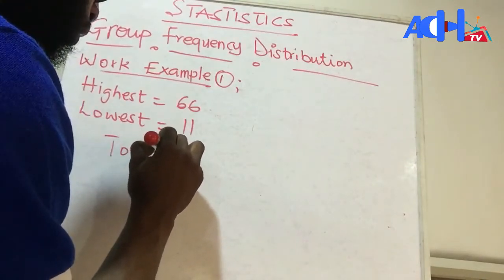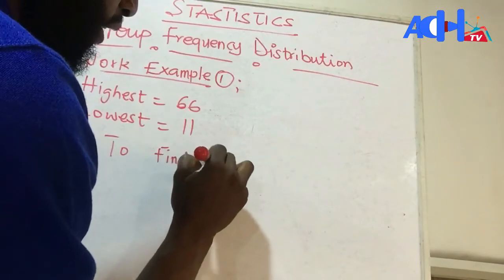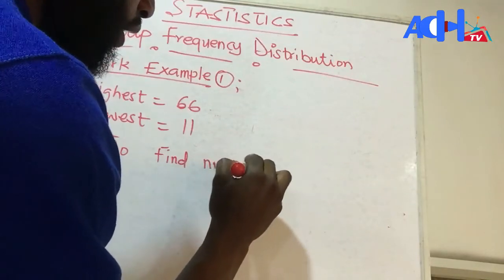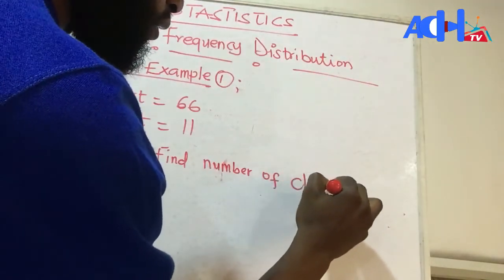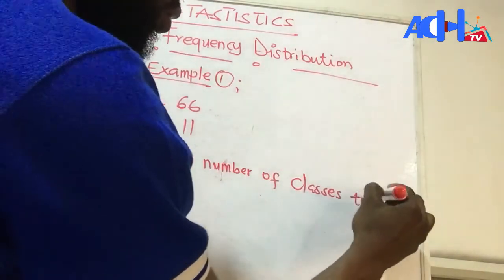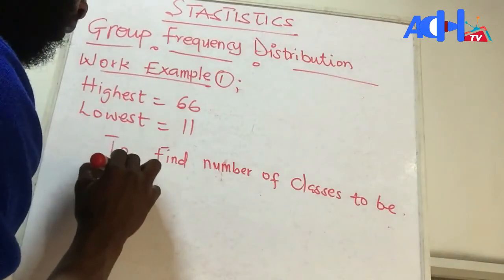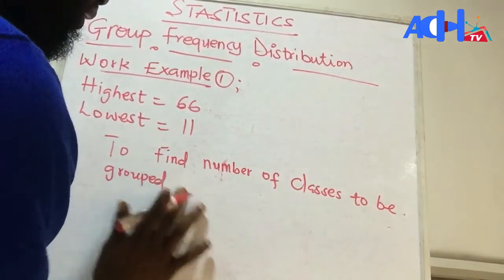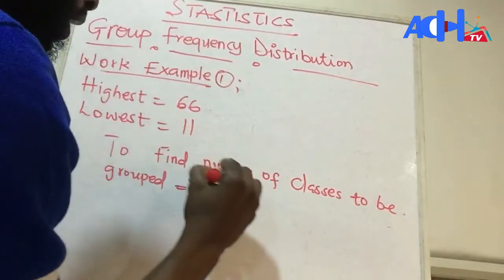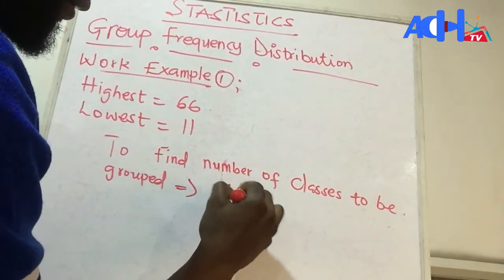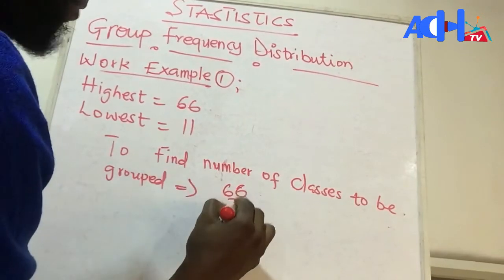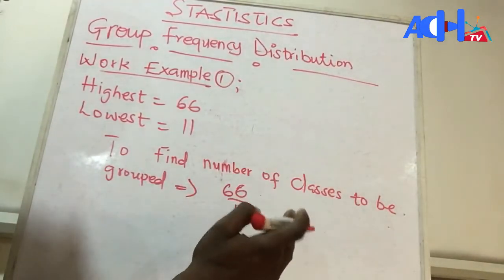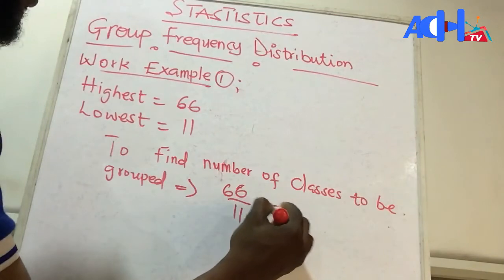To find the number of classes to be grouped, it implies 66, which is the highest number, divided by the lowest value in the data, in the large range of value data given. So by dividing, we get 6.